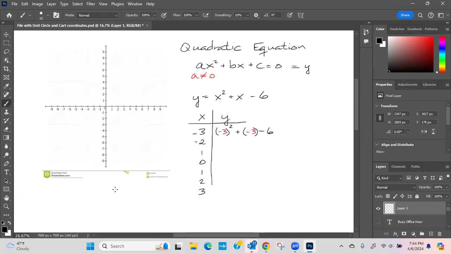Now here I really want to point something out, and we may have talked about this earlier. When you square -3 and you put those parentheses around it, that is the same as -3 times -3. And you've heard that a negative times a negative is a positive, so this would give 9. So when you square the negative, you also have to include the idea that it's a negative times a negative.